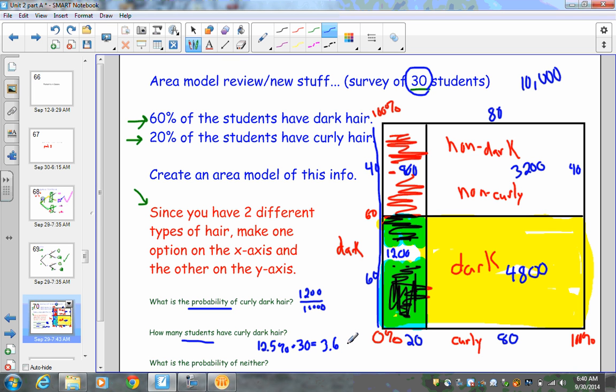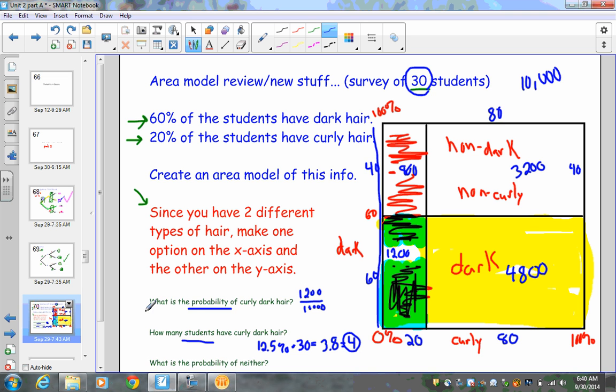Oh, I just found it. So that gives me 3.75. So 3.8 students. Let me erase that and make it more accurate, 3.8 here. Remember to convert your percentages to decimals, which roughly gives you about 4 students. So about 4 students have curly dark hair.